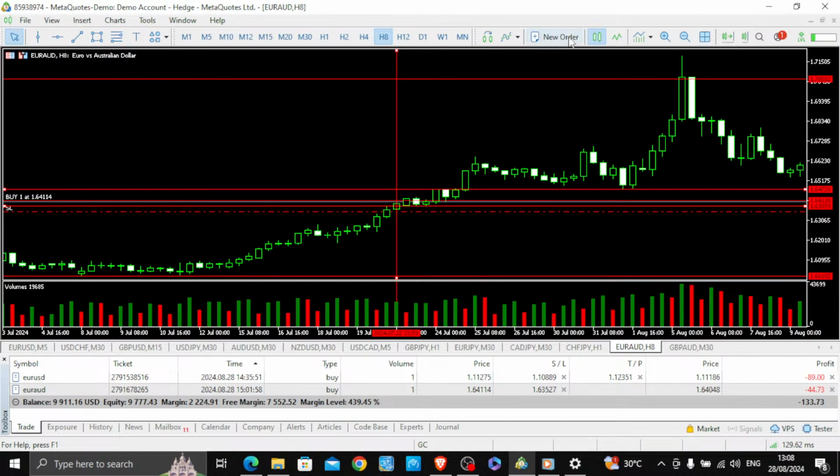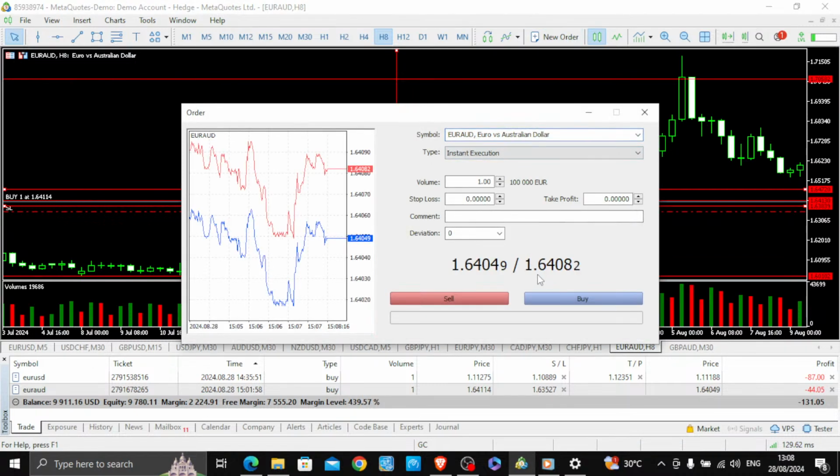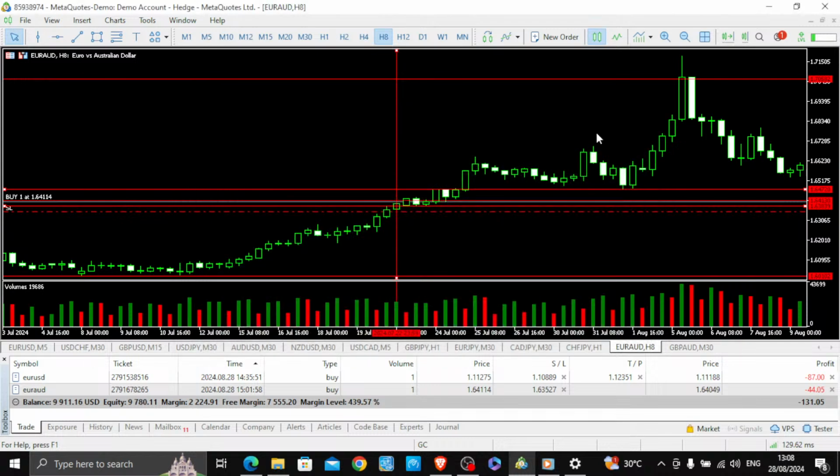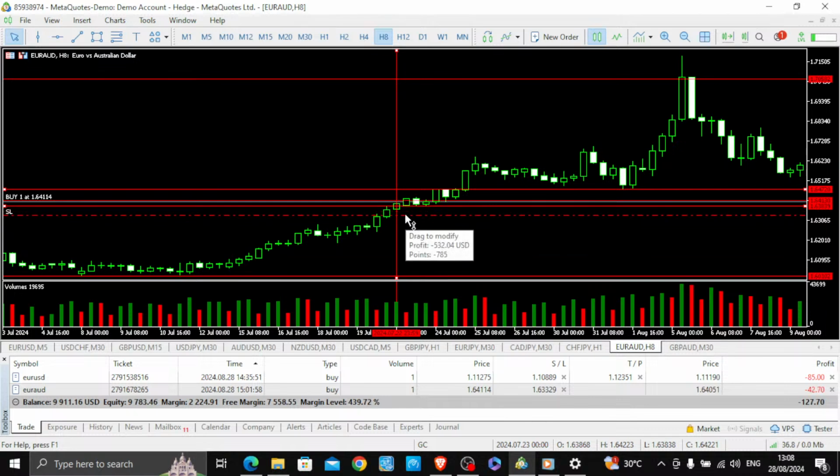Let me check the spread again. Wow, the spread is about 4 pips, so I will add another 4 pips. Our risk here now is about $78. That's our risk.